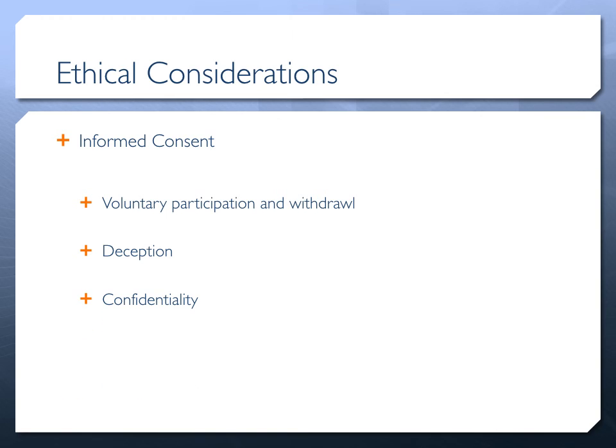The third is confidentiality, and everything that we do in research must be confidential and private, especially with laws related to the Health Information Privacy and Portability Act, HIPAA, which I think was enacted in 1996, if I'm correct. Basically it says that medical information cannot be portable, cannot be shifted from one clinic to another without the consent of the individual, and that all medical information is private. And that's very important.